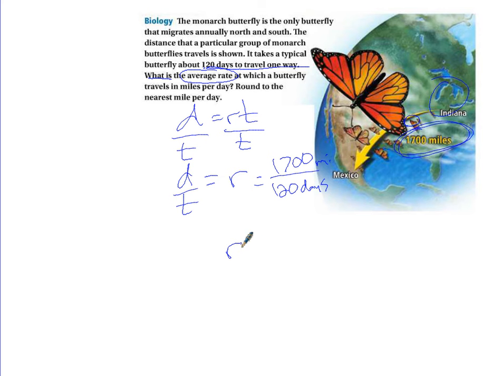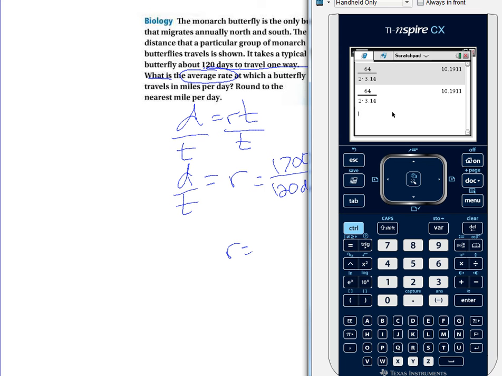So R winds up being equal to, what's 1,700 divided by 120? I don't know. 1,700 divided by 120. But 85 over some other number, it doesn't make any sense to me. So I'm going to press Control-Enter to give me the decimal approximation. 14.1667 is what it shows me.